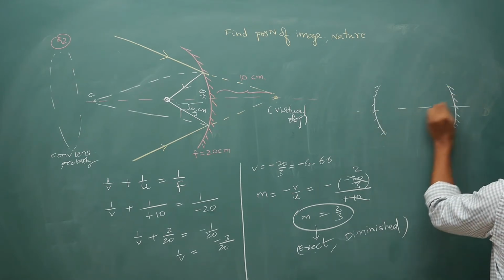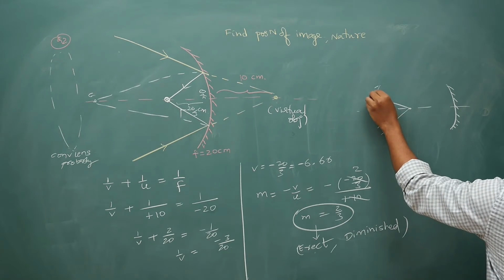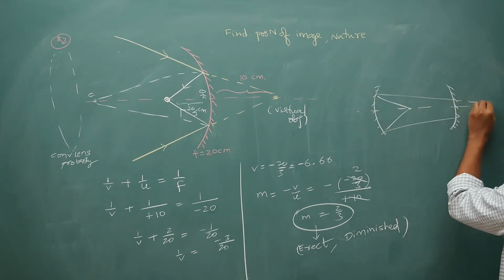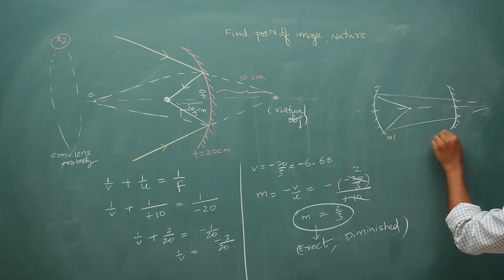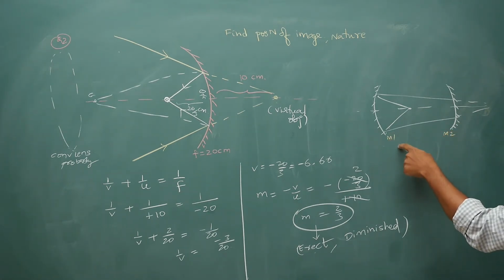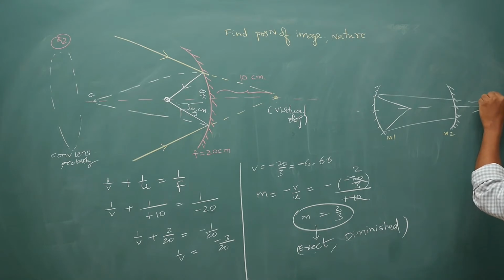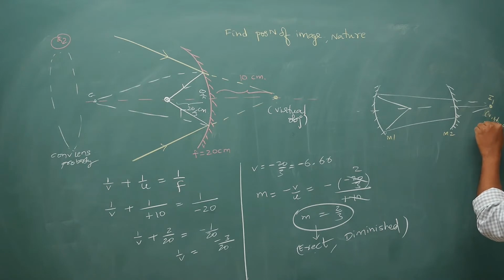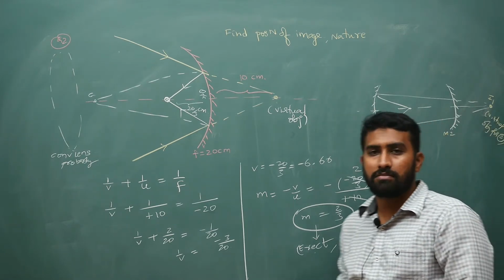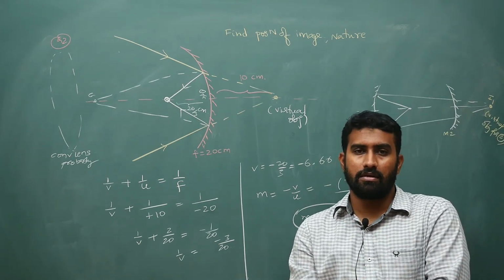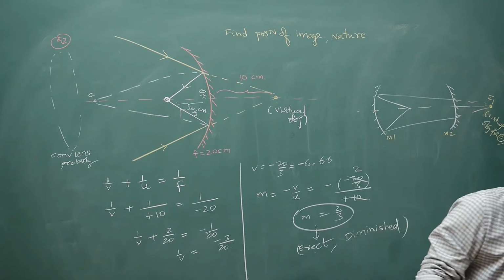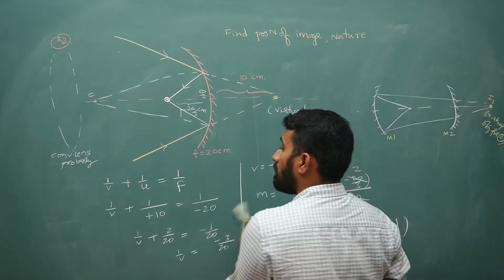Rays will start coming, they will somehow diverge, they want to meet here, but in between the path, if this is some M1 and this is some M2, the image of M1, image I1, will act as a virtual object for 2. We will see in detail, don't worry, but you will get these ideas again and again, that is why I told you here. Next, let us do a simple question on convex mirror also.